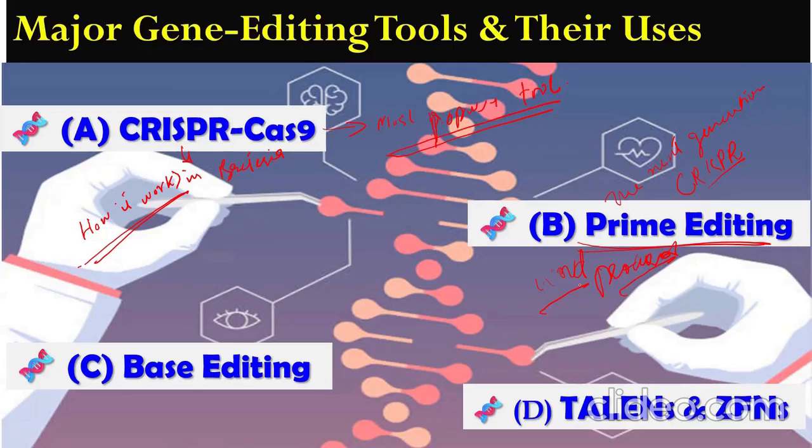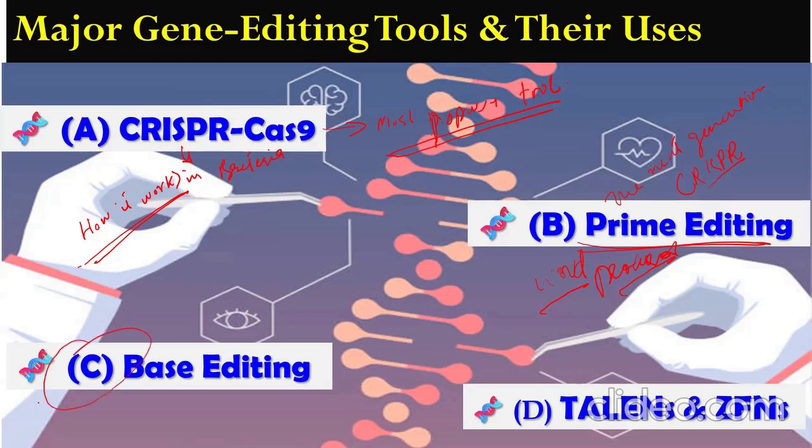Why is it better than CRISPR-Cas9? Because it has fewer errors and side effects. It can fix almost any genetic mutation, and it can be used both in plants as well as animals. Its application is to fix genetic disorders and also provide drought-resistant crops.